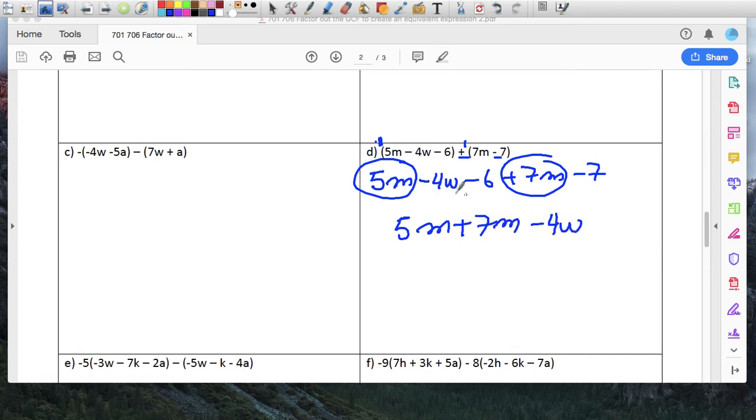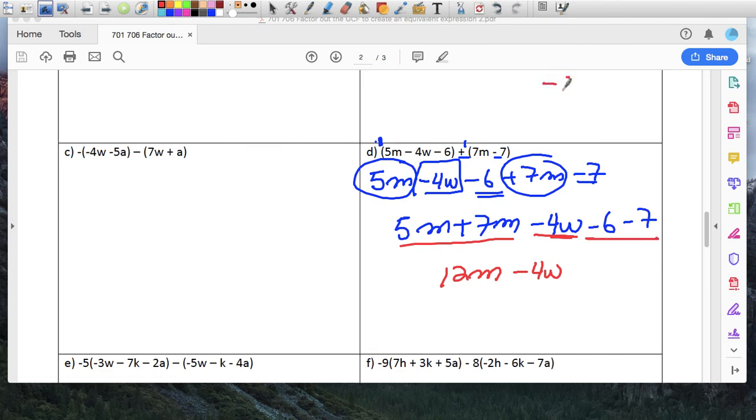Minus 4w. And then minus 6 and minus 7. 5m and 7m is 12m minus 4w, right? And then minus 6 minus 7, change it to addition.